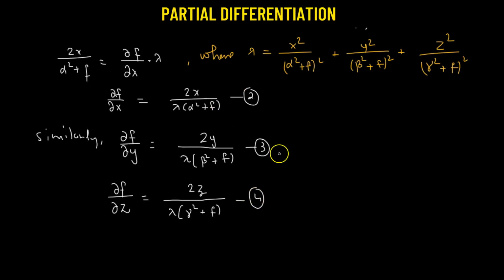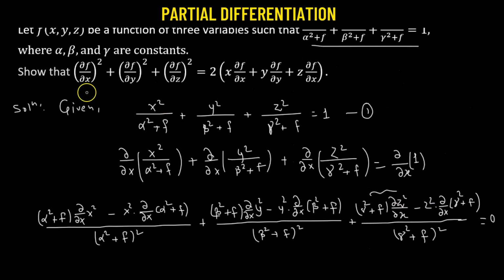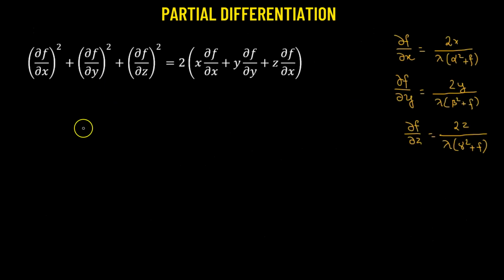Now that we have 2, 3 and 4, we will use them to prove our given expression. So let's do that. Let's start with the left hand side. So here we'll have partial of f with respect to x whole squared. We'll use this expression. So we'll get 4 times x squared divided by lambda squared multiplied by alpha squared plus f squared. This will get added to partial of f with respect to y squared.